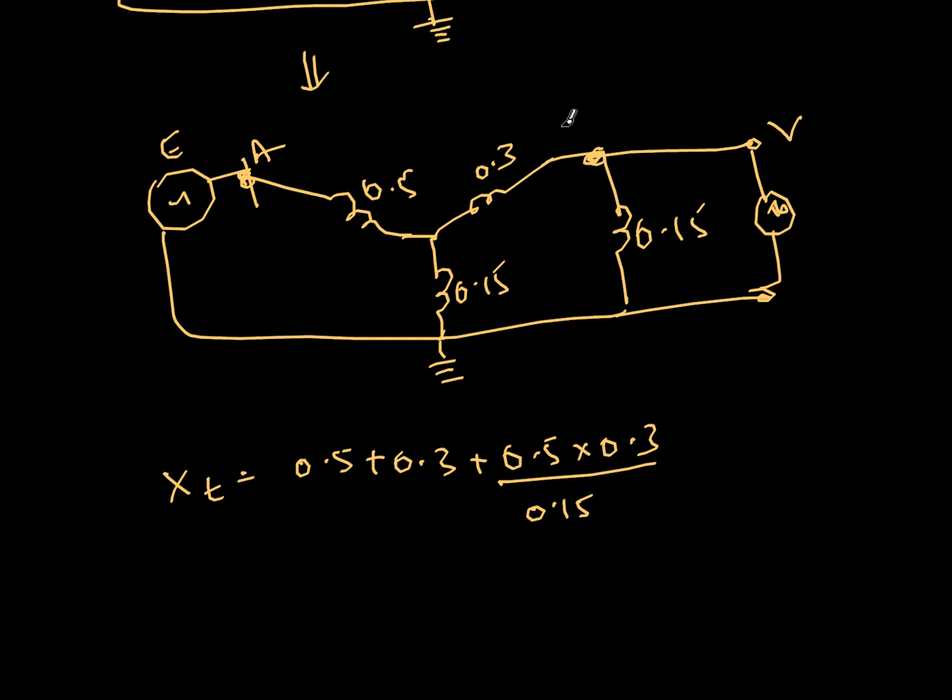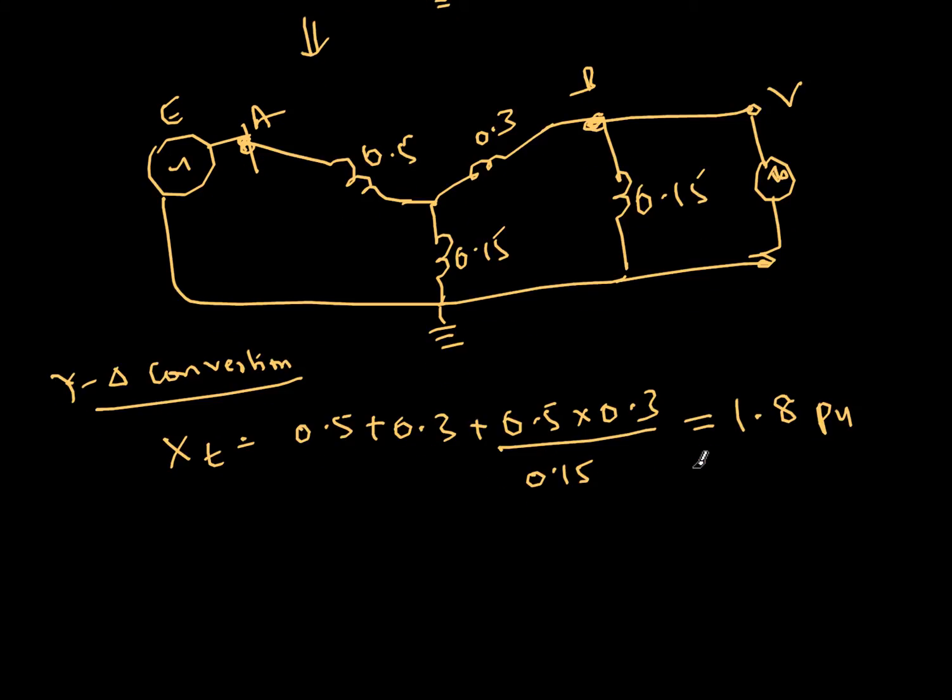If I say A and B, between A and B, this will be the branch. So this is basically star to delta conversion. This value, 0.5 plus 0.3 plus 0.5 into 0.3 by 0.15, turns out to be 1.8 per unit.